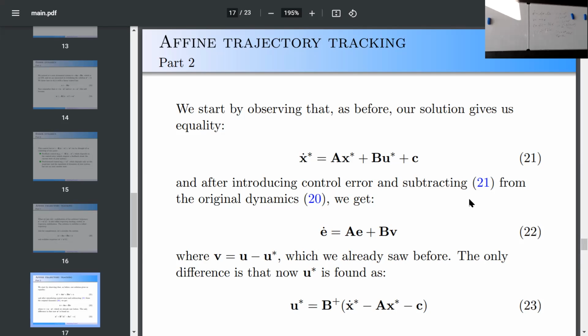Same with a, same with b, and c will just cancel after the subtraction, right? Good. I can in exactly the same way calculate u star. The only difference is now we have c here. So we solve equation 21 for u, and you basically get equation 23. You get x dot minus ax minus c this time, and then invert it by b.